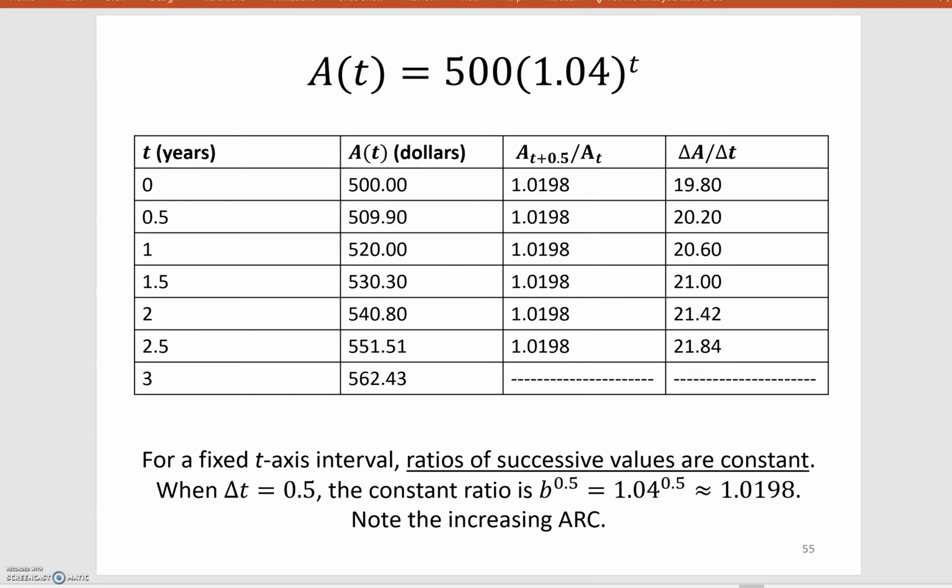So every time I move forward 6 months, I would multiply the previous value by 1.04 to the 1/2, or 1.04 to the 0.5. And that is equivalent to the value 1.0198. And that's your constant ratio for a 6-month growth. Again, average rates of change, not constant, but increasing. But what we have now is a 6-month growth factor.